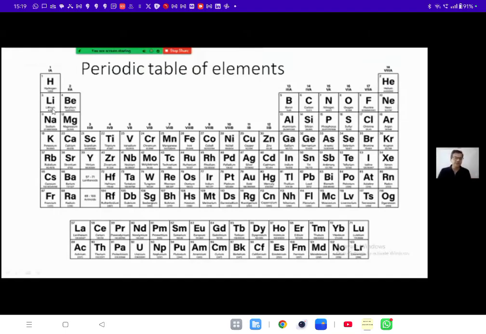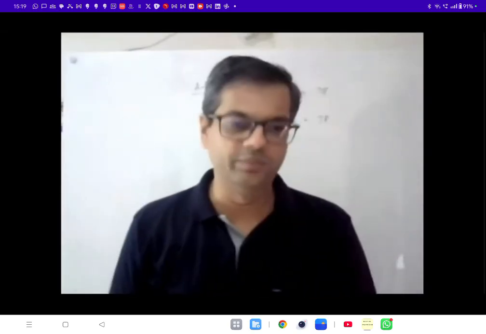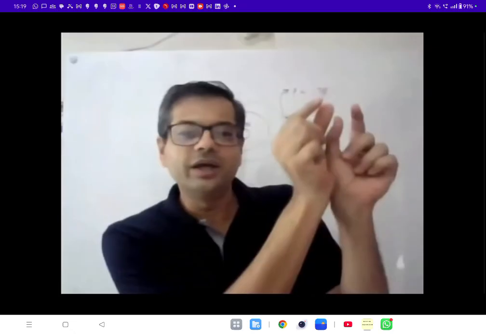All the similar elements are in one line. Similarly, fluorine and bromine are similar. Similarly, helium, neon, argon, krypton are all similar. That is why, by taking this arrangement, we want similar ones in one corner. Therefore, we have to make this a bit crooked, some in one corner, some in another corner.